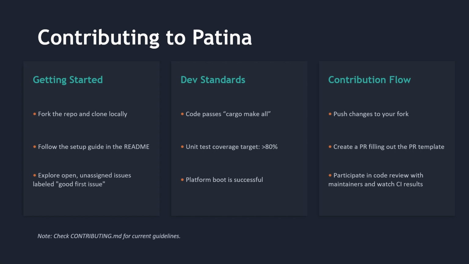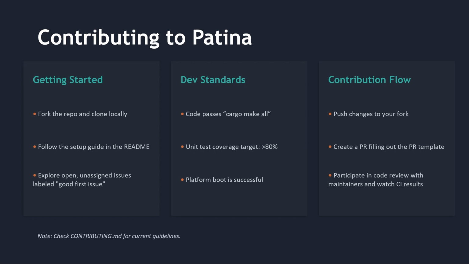It will follow that full path and take the change that you have implemented in the Rust code in the Patina repository and boot it on QEMU to verify that it works. You will see the results of that boot posted in a comment in your pull request.